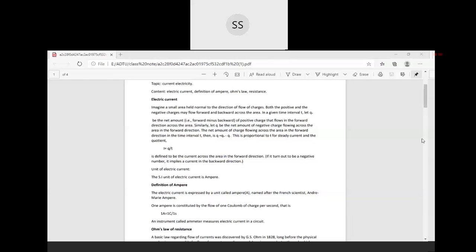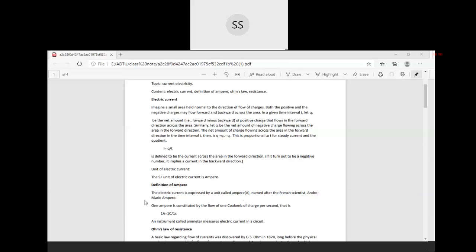If someone asks you the definition, then 1 ampere current is constituted by the flow of 1 coulomb charge in 1 second. If in an electric circuit 1 coulomb charge passes through the circuit in 1 second, then the current produced in the circuit will be 1 ampere. So this is the definition of 1 ampere current.